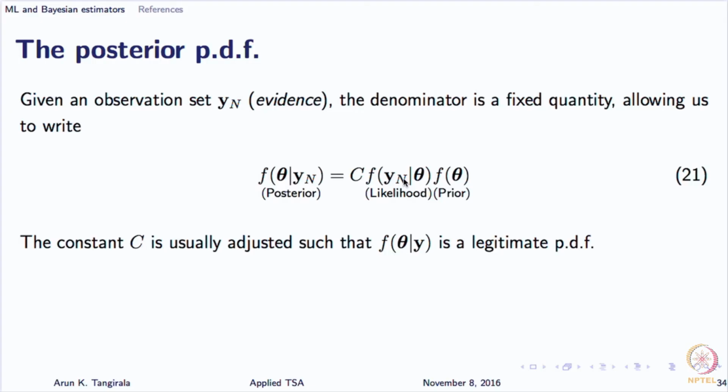F of y given theta is Gaussian, like we went through the example yesterday. Then what prior should I choose so that I can obtain a closed form expression for the posterior? The likelihood will have a closed form expression. I can write an analytical expression for the joint Gaussian PDF.